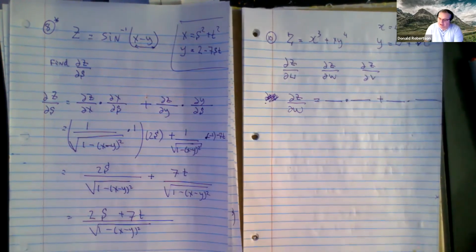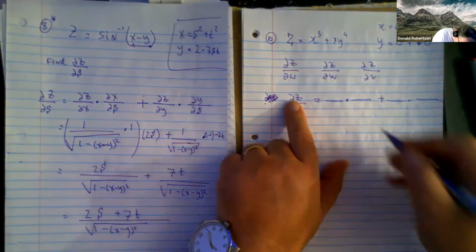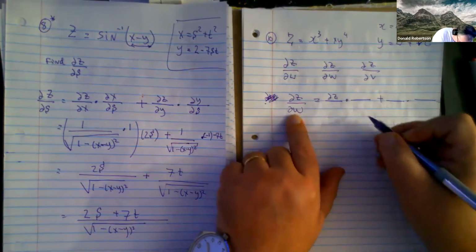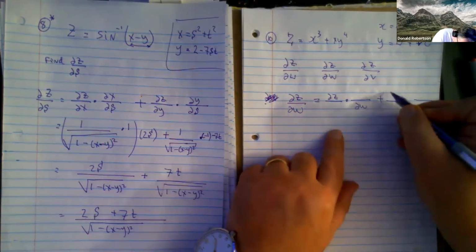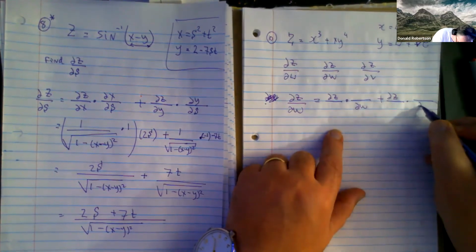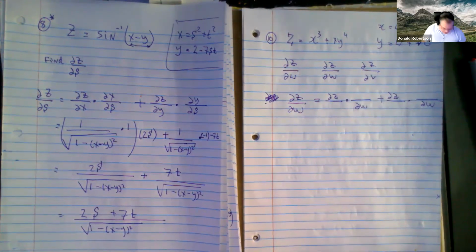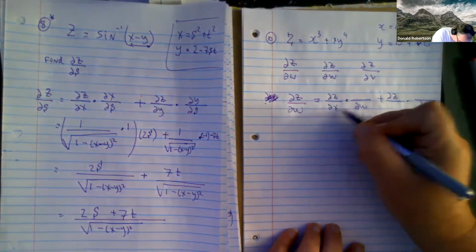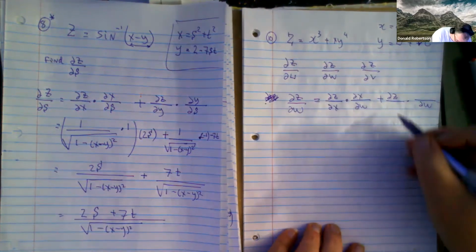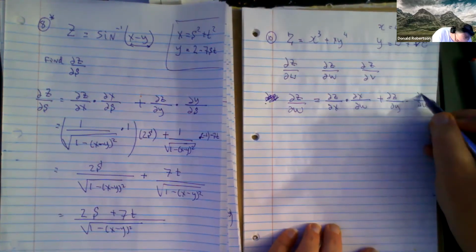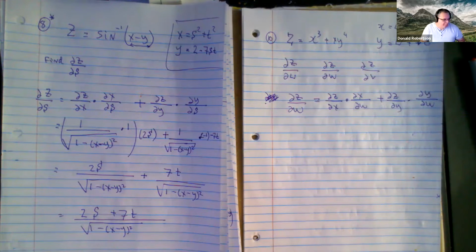That's my skeleton, and I'm now going to build some flesh onto it. We know this is z, and this is w, and this is z, and this is w. So far, so good. Now, don't you just plug in the contribution from x and the contribution from y?